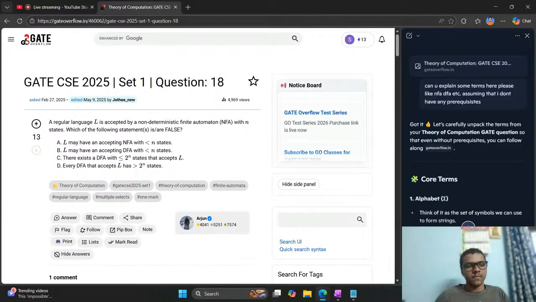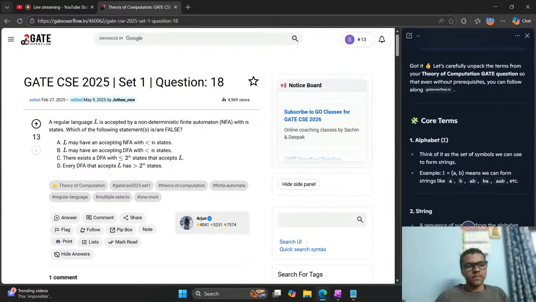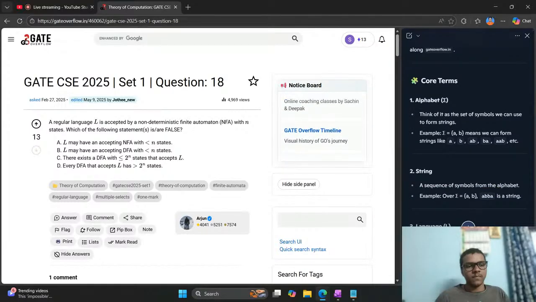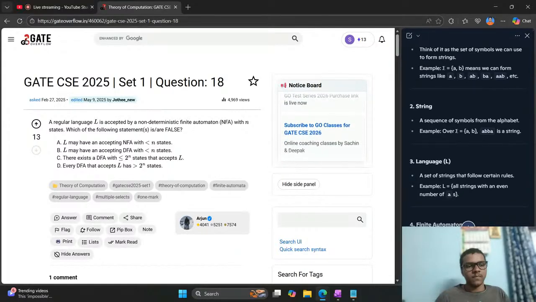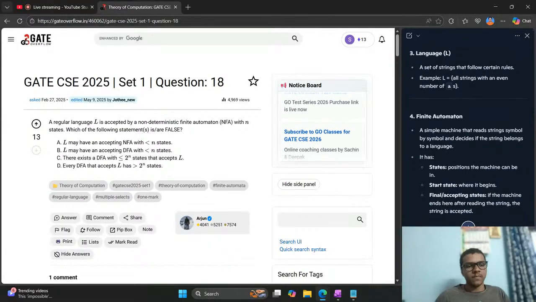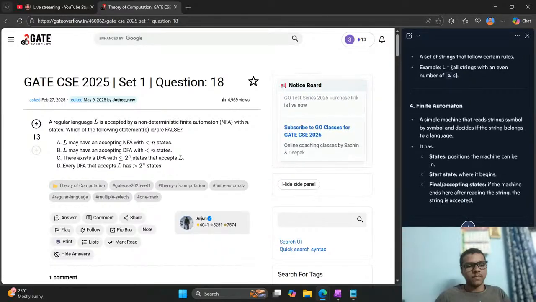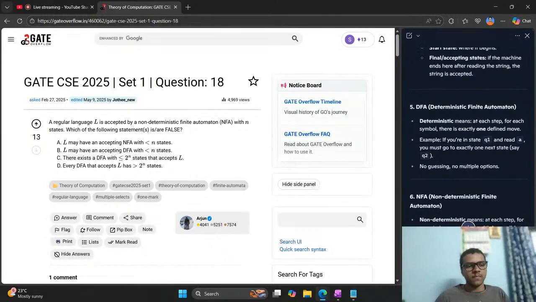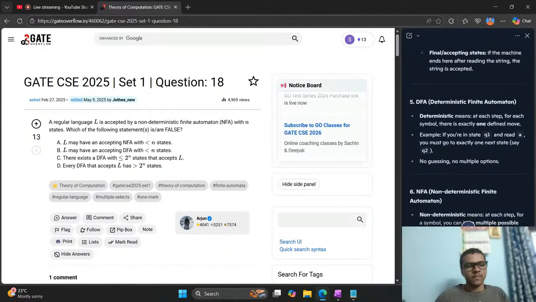An alphabet is a set of symbols we can use to form a string. A string is a sequence of symbols of the alphabet. A language. Deterministic finite automata: at each step, for each symbol, there is exactly one defined move.